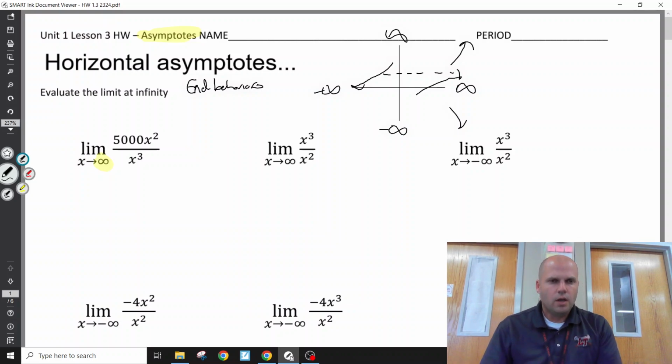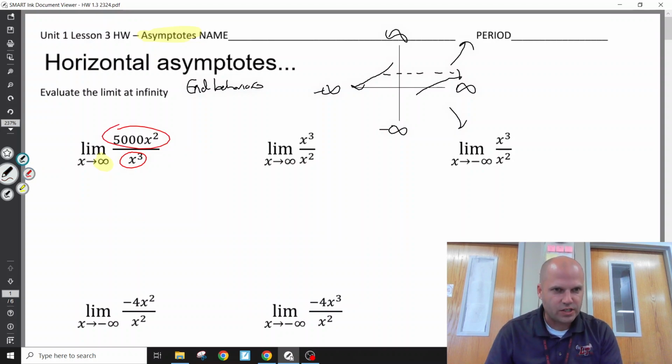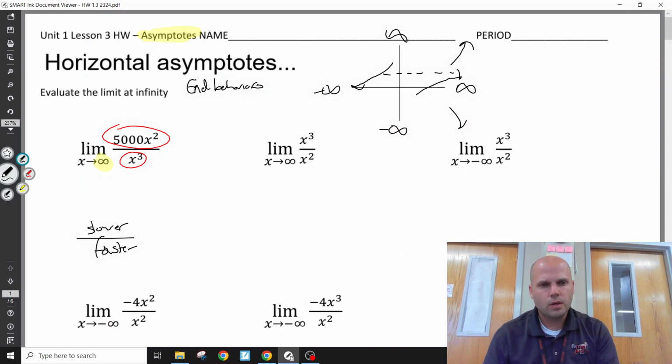Okay? And we're going to end up with 3 situations where we identify our influential infinities. In this case, there's nothing to cross out. And we see we got x cubed and 5,000 x squared. Well, the x cubed will be a faster infinity that is under a slower. If you have a slower over a faster situation, I don't have this memorized.